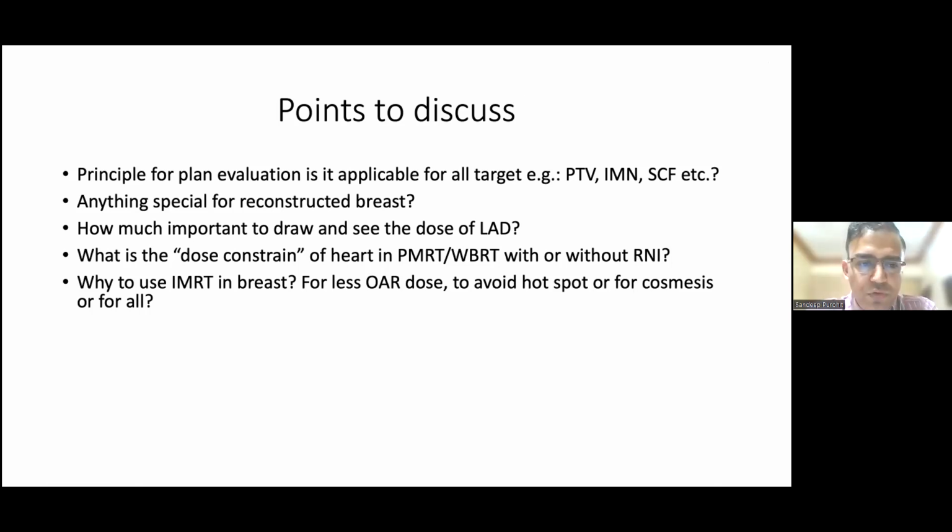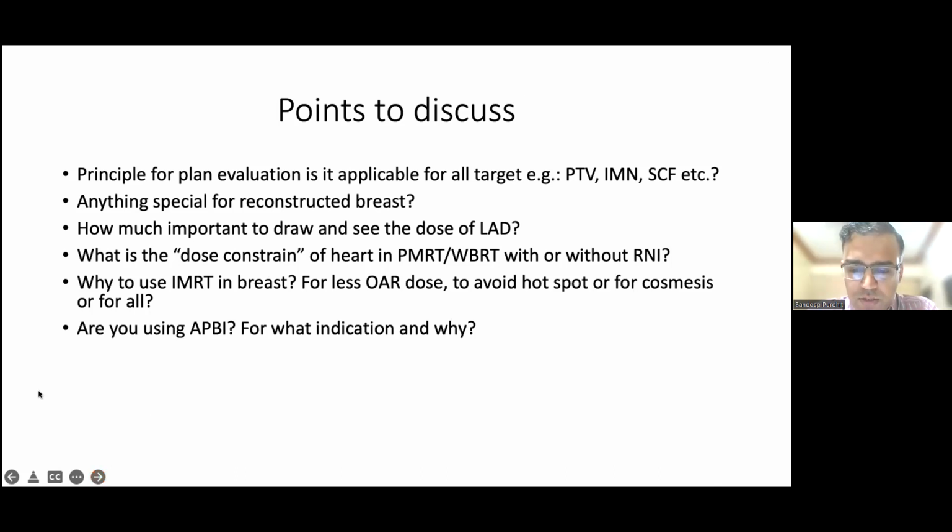Sir, the objective of using IMRT in breast, as I've seen in trials by Barnett et al. and Fish et al., is that doses to skin as well as doses to heart and lungs reduce substantially when compared to 3D CRT or field-in-field. And the PTV coverage is more homogeneous. So I think IMRT in breast is for all the reasons: to decrease the OAR dose to skin as well as lung and heart, and to avoid hotspot. I think, sir, it is applicable for all these points.